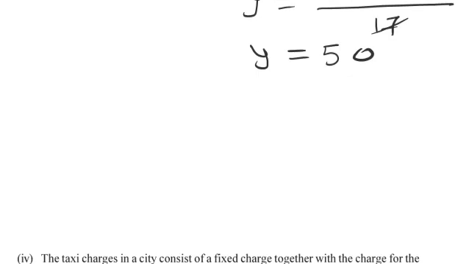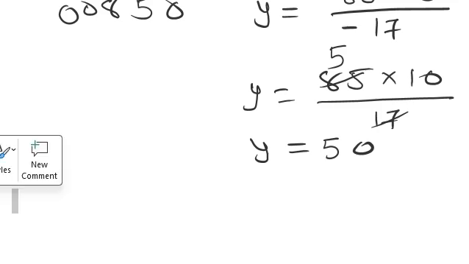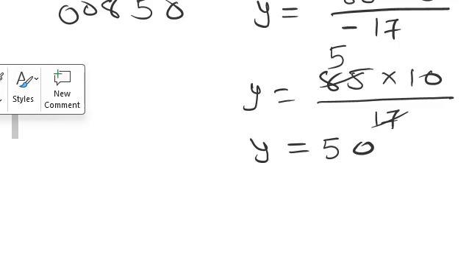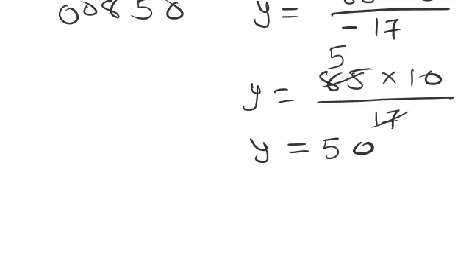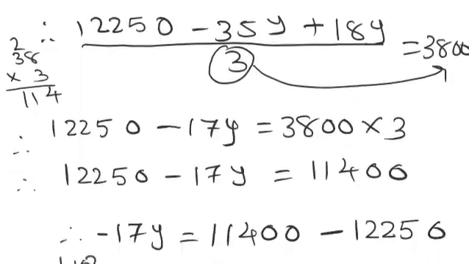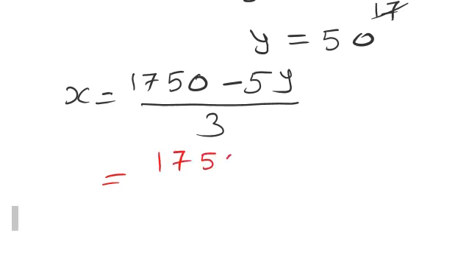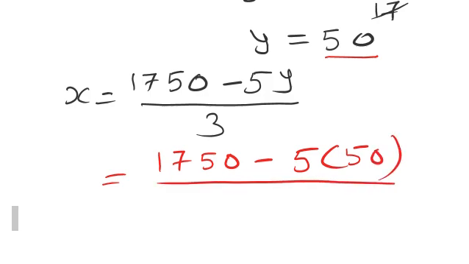So the value becomes x is equal to 1750 minus 5 times y, 5 into 50, divided by 3.